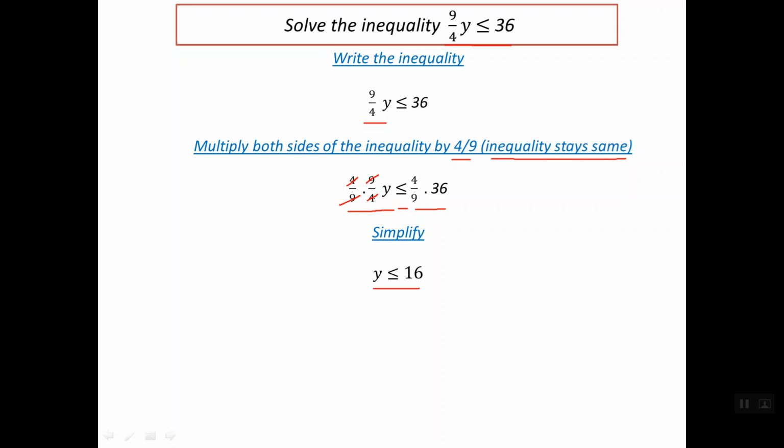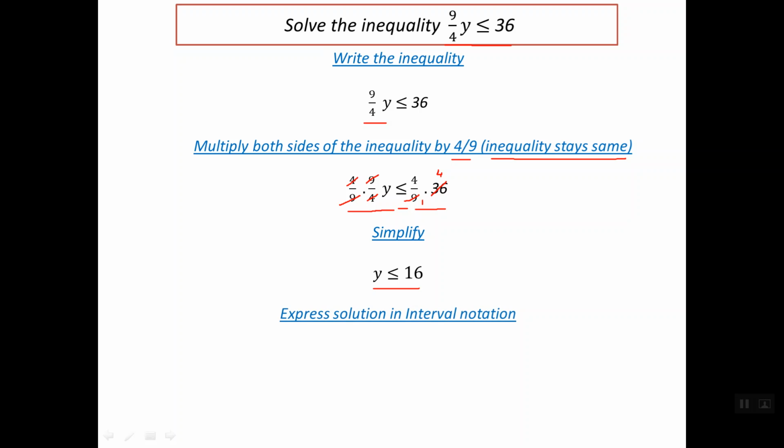And the right side, simply we can divide this 9 by 9, so we have 1, and 36 divided by 9, we have 4. So 4 times 4 is equal to 16. So these are the solutions. Any value of y which is less than or equal to 16 is part of the solution.